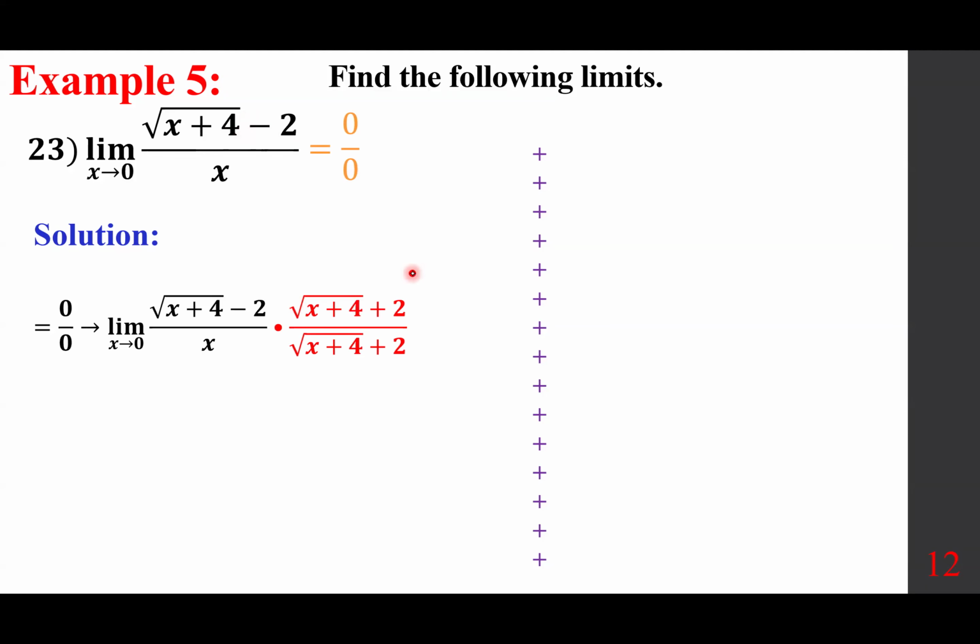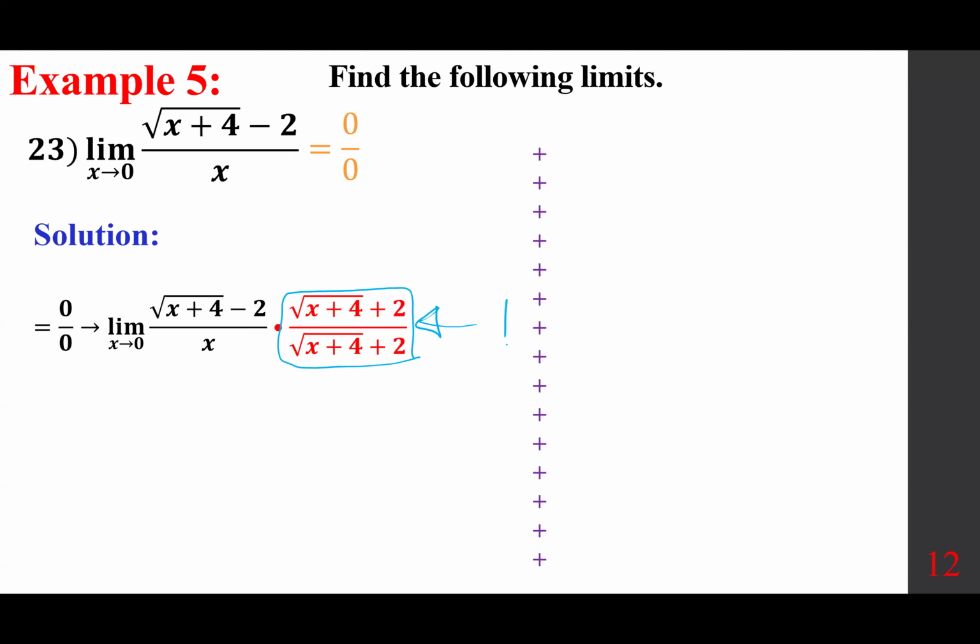However, you can't just multiply by that. You also have to divide by it, because you have a right to multiply by 1, nothing else. So you multiply and divide by the conjugate.